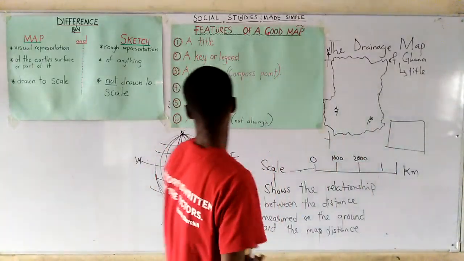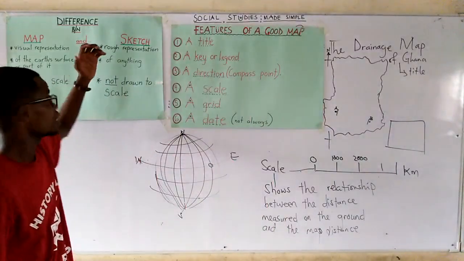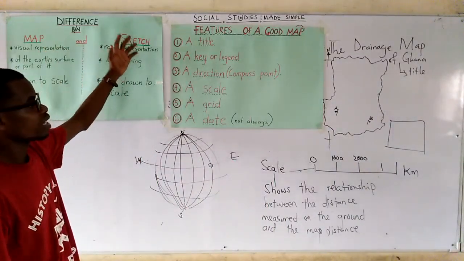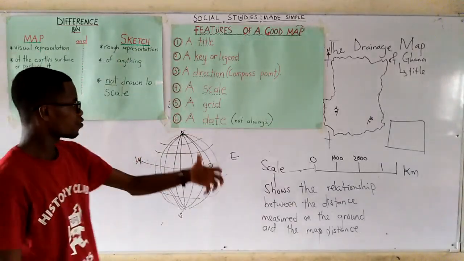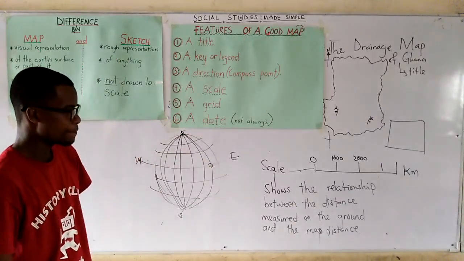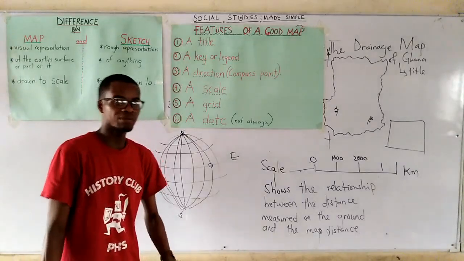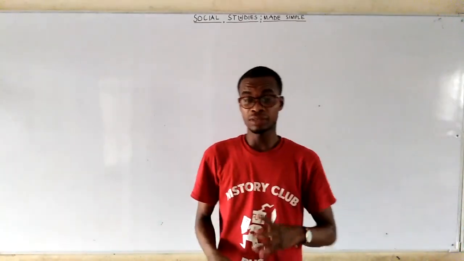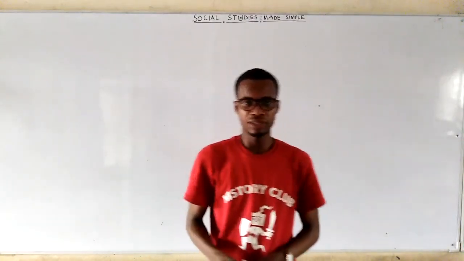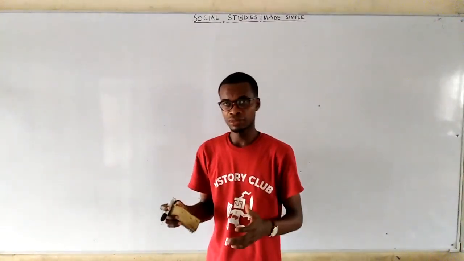Now that we know the difference between the map and the sketch and the characteristics of a good map, we'll quickly move to the bearings, angular bearings, how to use the angular bearings. Alright, so before we look at the angular bearings, let's look at the types of scales.